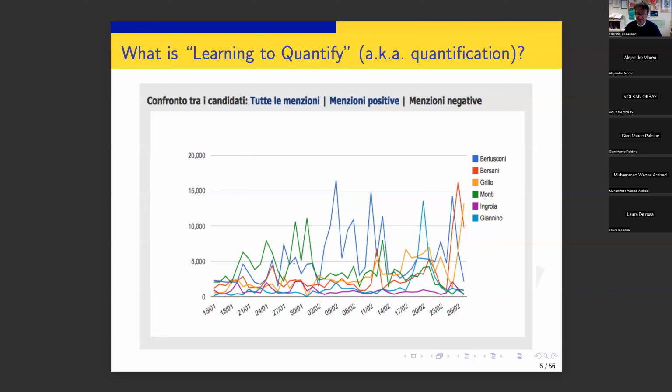So, what does this plot have in common with the previous one? There are 2 important commonalities that I want to address. First, in order to generate these plots, people took a number of individual texts, microblogs, and classified them.